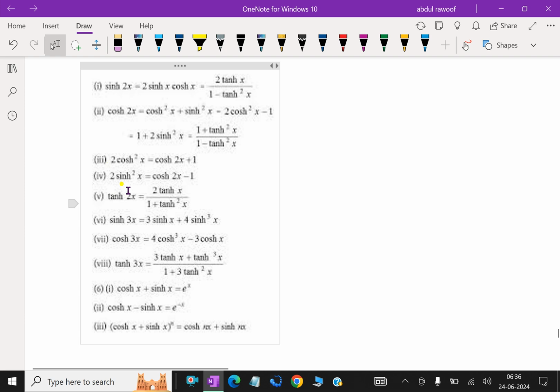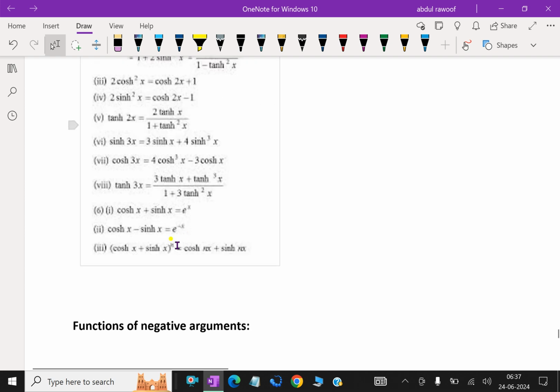By using the addition formula, we can get it further: sinh 3x equals 3 sinh x plus 4 sinh cubed x. Like that, cos also we can get: cosh 3x equals 4 cosh cubed x minus 3 cosh x. Remember this.